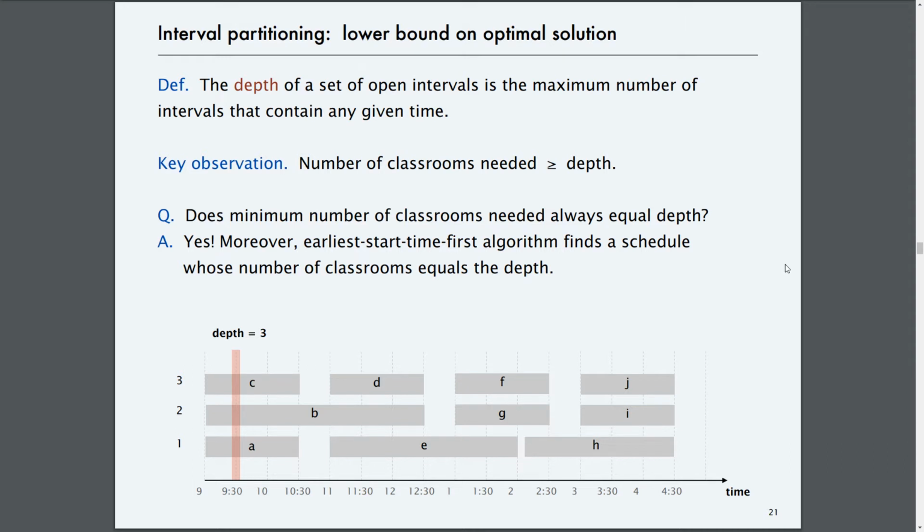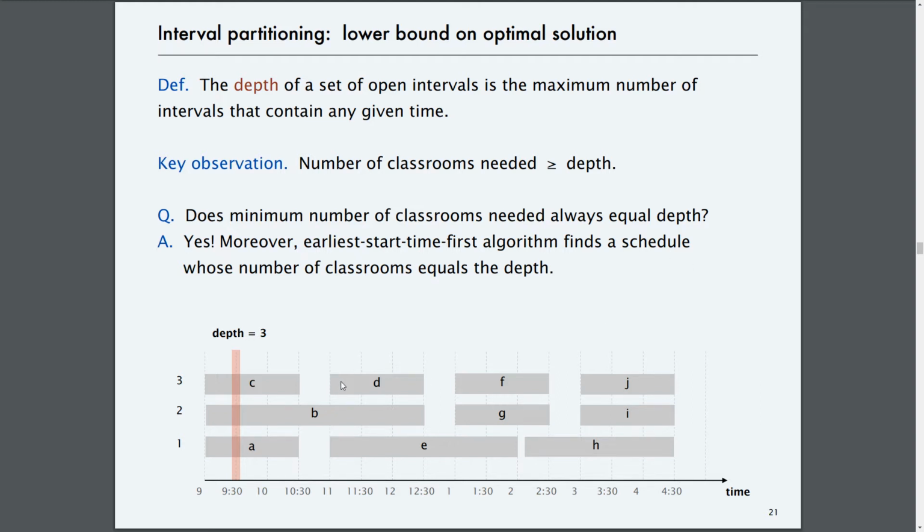So let's look at a lower bound on an optimal solution. We call the depth of a set the maximum number of intervals that it can contain at any given time. We will always need at least that many classrooms.